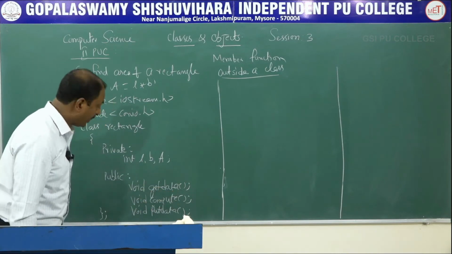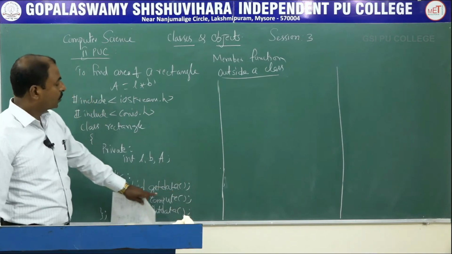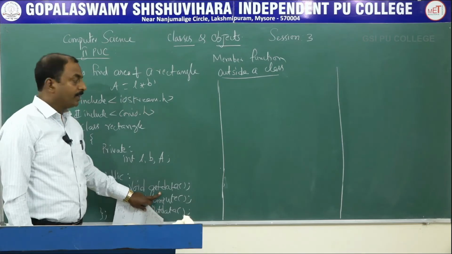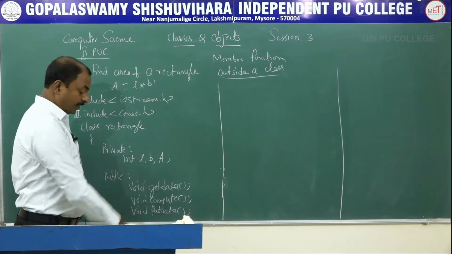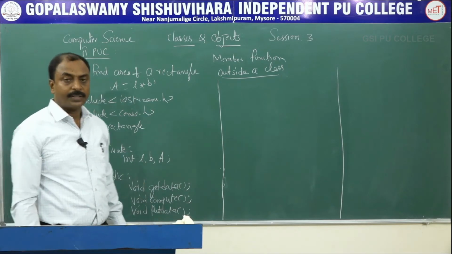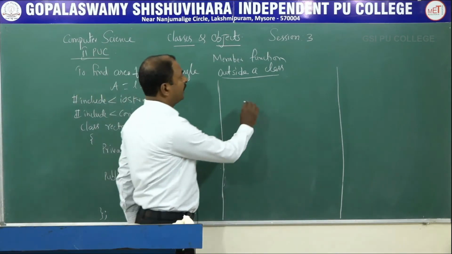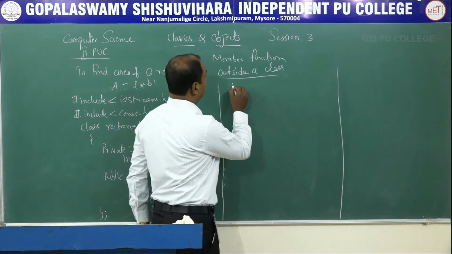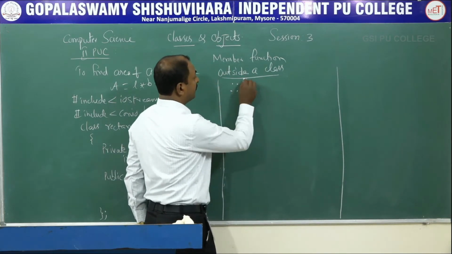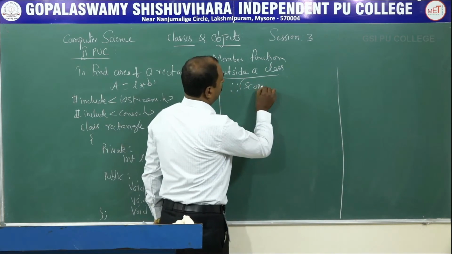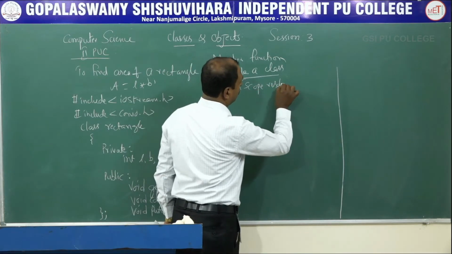So that we'll write with the help of the scope resolution operator. To write the definition of this we are using one more operator, that is called the scope resolution operator, that is 2 colons together.